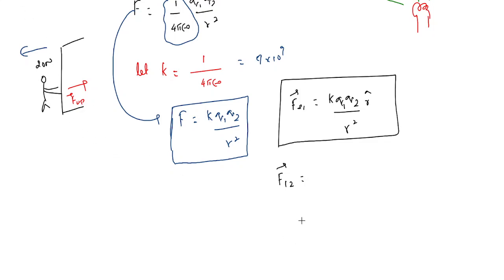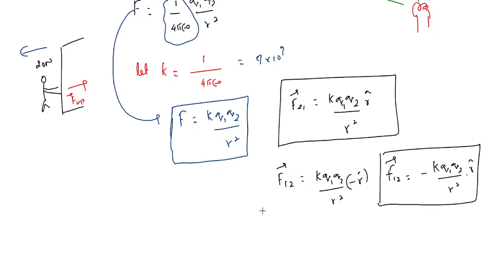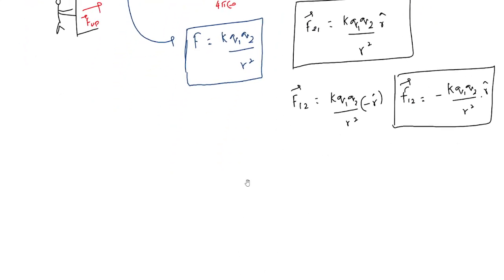So with that in mind, this F12 would be the same magnitude, but this force is opposite to r cap. So it becomes minus r cap, or you can write F12 as minus of K Q1 Q2 by r square into r cap. This is what F12 is. It is very obvious from here that F12 and F21 are the same in magnitude.